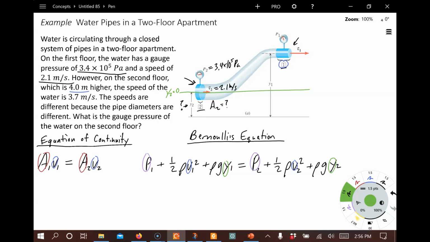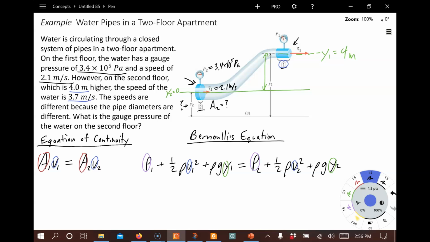And y1 in that case is equal to 4 meters. Again, I'm just setting my reference point like we did with conservation of mechanical energy. So we've got that. And then the speed we can see also here.